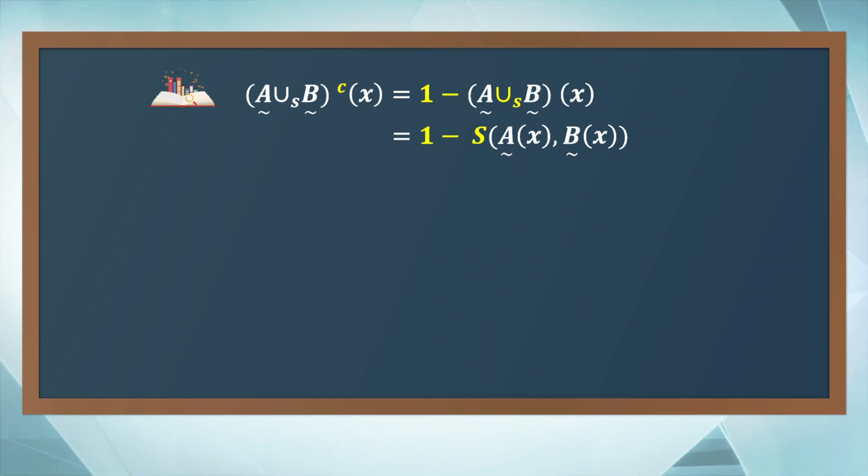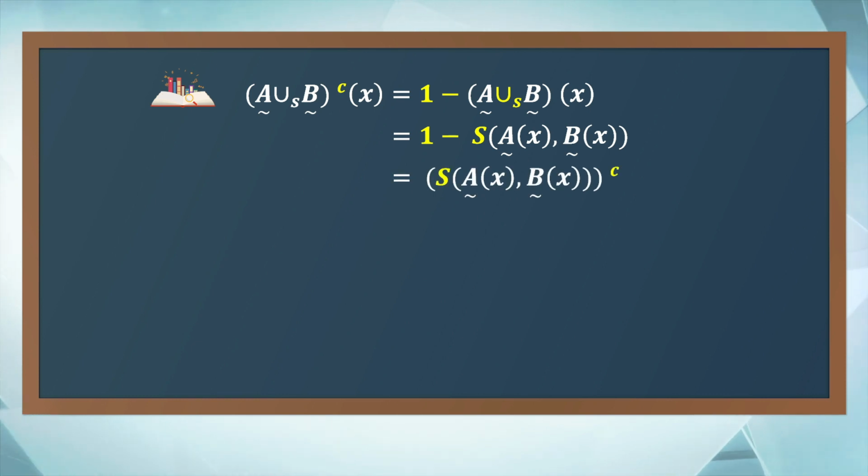By the definition of generalized union, the generalized union of A and B at x equals S of A(x) and B(x). By the definition of complement of a real number in the closed interval from 0 to 1, 1 minus this number is the complement of this number.